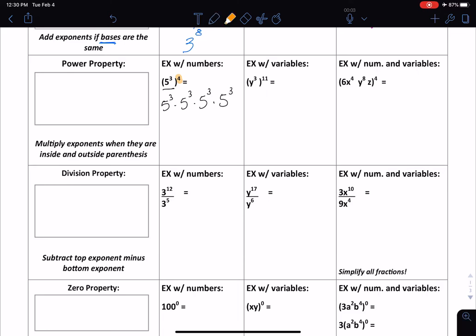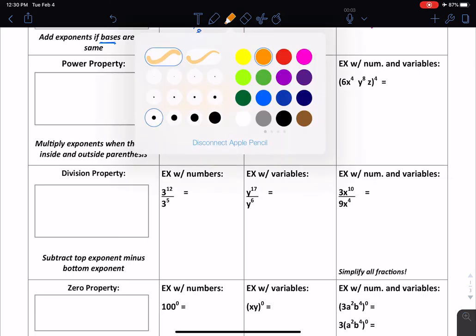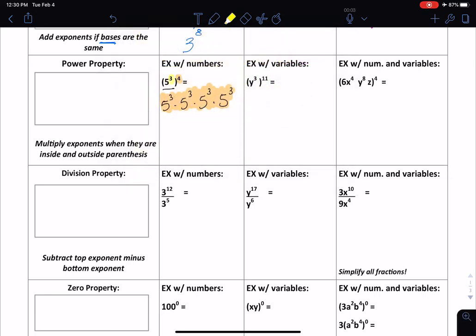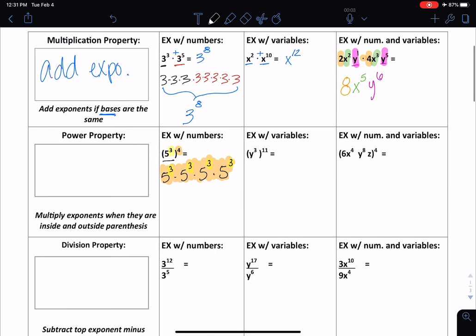Okay? And I meant to do those in orange, but the 4 told me I had 5 cubes. Now the 3 on the inside, as now there's 4 of them. 1, 2, 3, 4 of them. And I'm going to do the cubes like I did the multiplication property above.